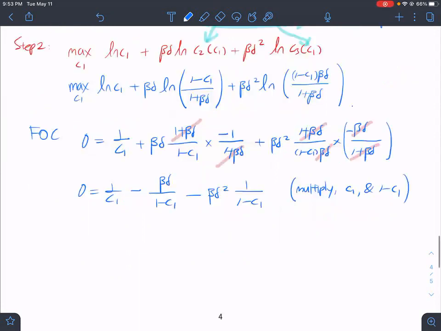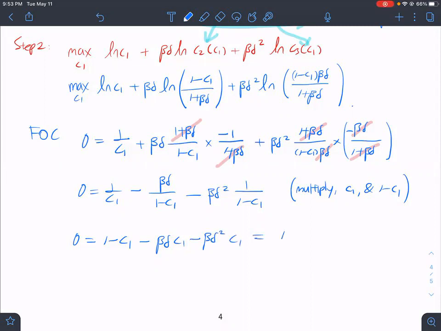Then I will have 0 equals 1 minus C1. Now C1 in here is gone. Now I have minus beta delta C1. This part is gone. Minus beta delta squared C1.